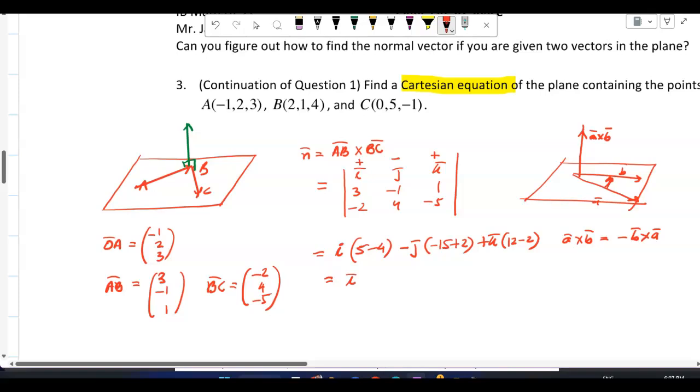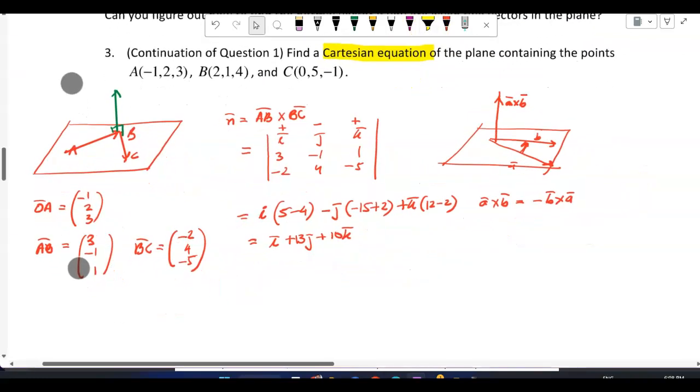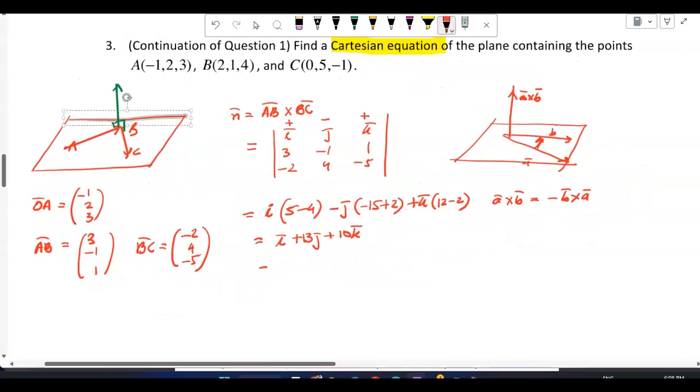So that will be i plus 13j plus 10k. So my normal vector is 1, 13, 10. If you write it in column form, it is equivalent. Always work in column form in IB. Generally they give you column form.